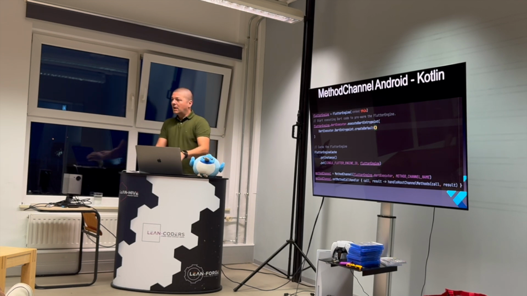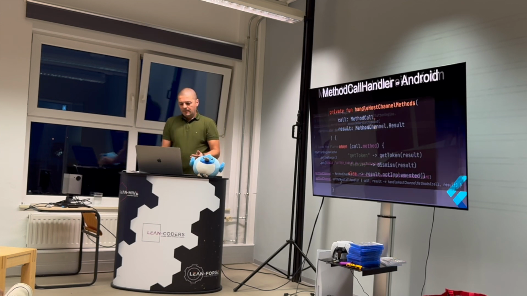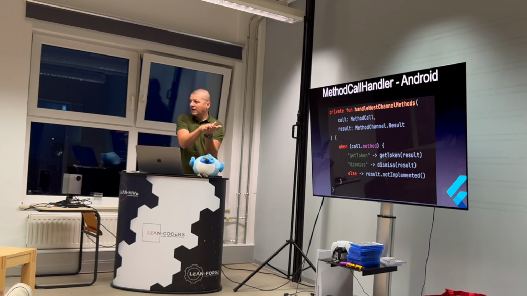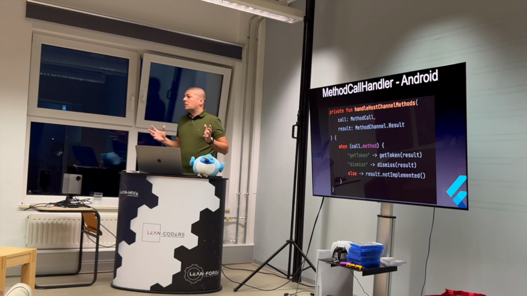Then you set the method call handler on the Android side. Method call handler, it looks like this. It's method call with the result that we have to give from Android to the Flutter side. And then here, get token will call local get token, dismiss will call the local dismiss, and else I return, I don't know anything else.